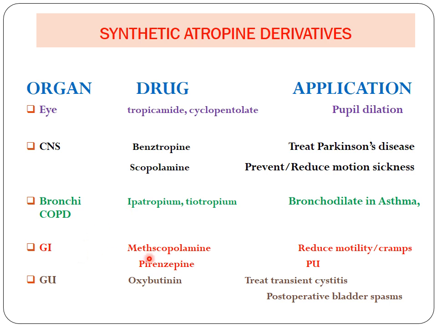In the GIT, we have hyoscine that decreases cramps, and pirenzepine that decreases acid secretion. In the genitourinary system, we have oxybutynin to treat cystitis or bladder spasm. So these are the clinical indications of synthetic derivatives of atropine.